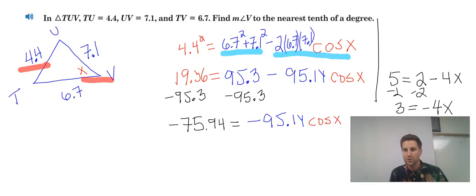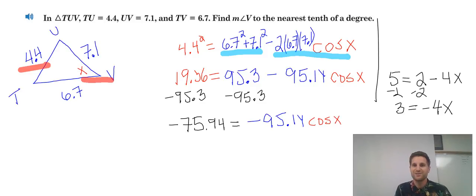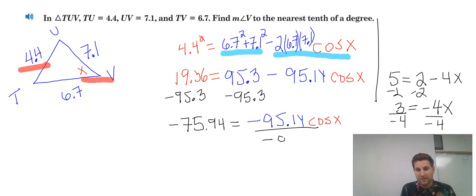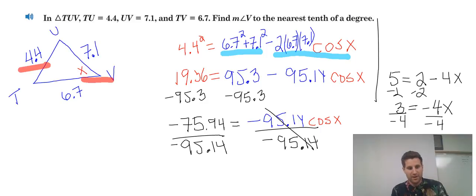On this equation, I need to go ahead and divide by negative 4, and then I have my answer. So same thing here. Divide by negative 95.14. That will cancel that. And then over here, I divide by negative 95.14. So I do that in my calculator.